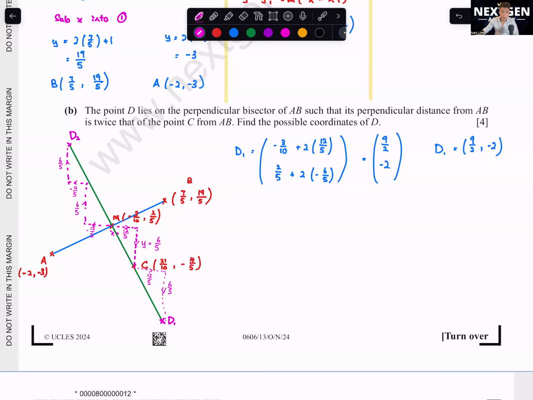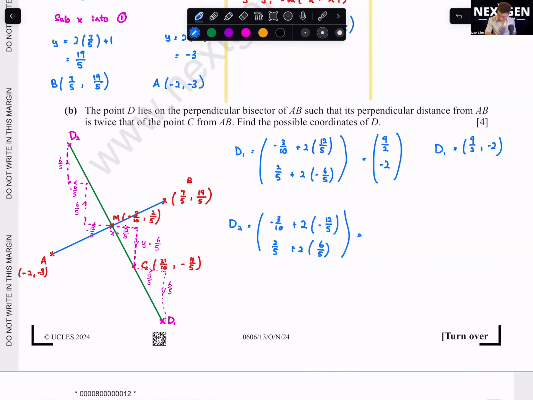So now we will put this into the formula again. Minus 3 over 10 plus 2. The x is minus 12 over 5 right now. The y is 2 over 5 plus 2 times positive 6 over 5 since it's going up. Calculate both of these.